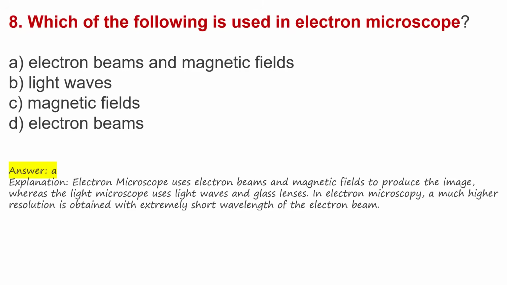So we use electron beams and magnetic fields to produce the image of a very tiny object, and that is why it needs a much higher resolution compared to light microscopy. That is why the wavelength should be extremely short.